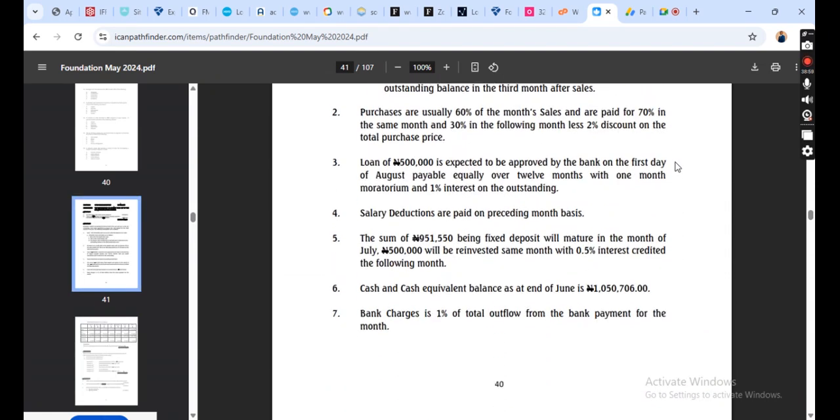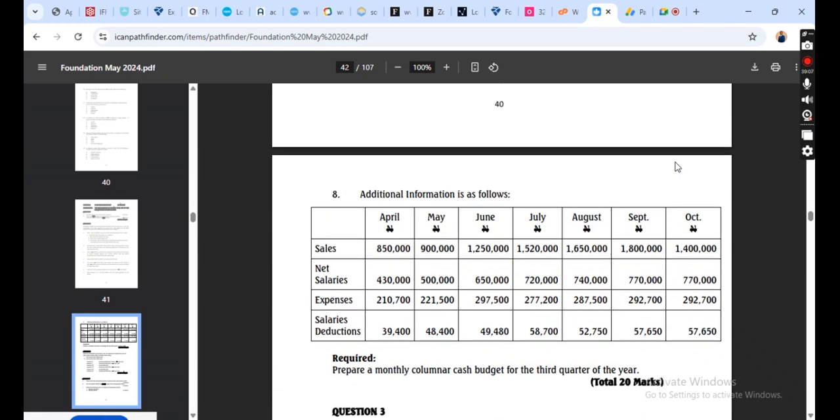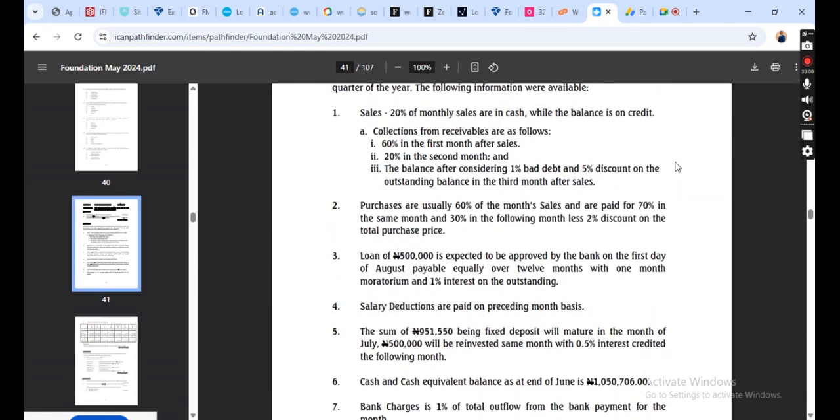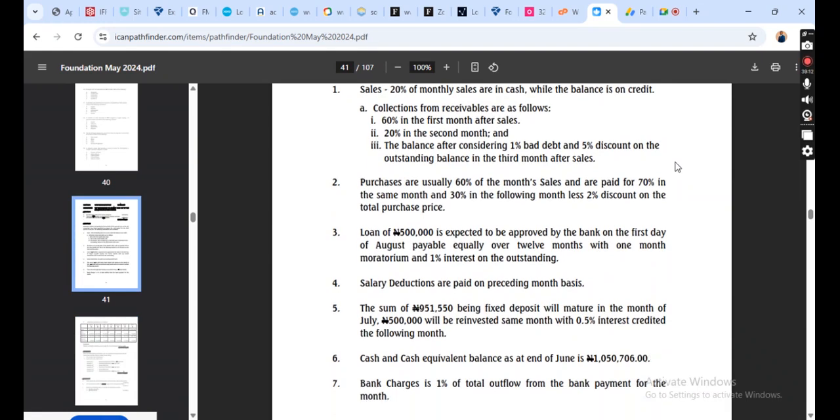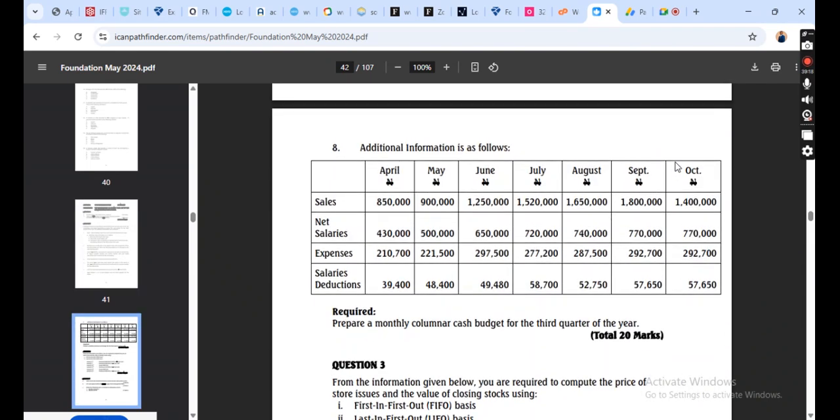I'm coming. If I'm the one that is interpreting it. Okay. Salary deductions, where is the salary deduction? Salary deductions are paid on preceding month basis. Ozioma, what did he say? Nothing, sir.